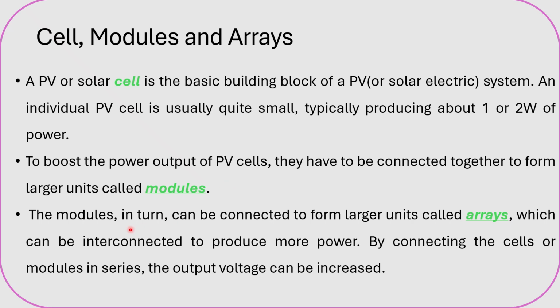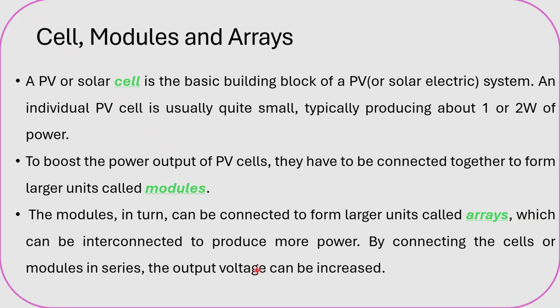Now, for normal solar harvesting in our homes or industries or anywhere on a small scale, we have arrays, as we have seen in the previous picture: the cell, the module, and cumulative modules forming an array.